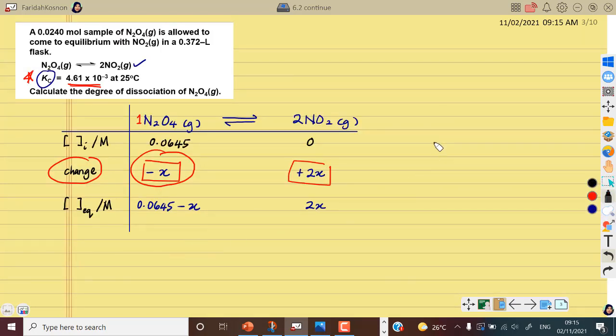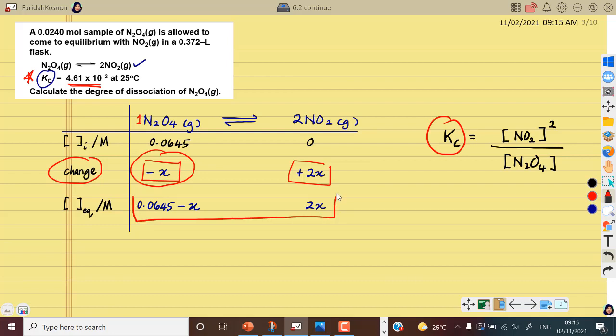Now, from the Kc expression, write down the Kc expression first, where Kc is equal to the concentration of NO2, the product, to the power of 2, divided by the concentration of N2O4, the reactant. So understood, this is to the power of 1. To calculate Kc, I have taught that we must use the expression, that is, the concentration at equilibrium. So we substitute.